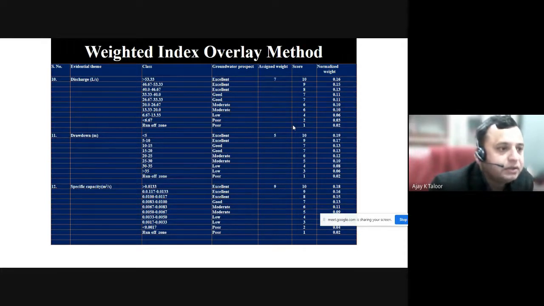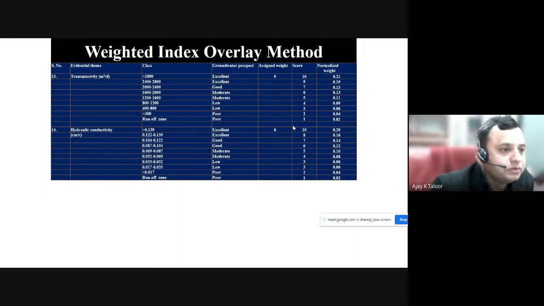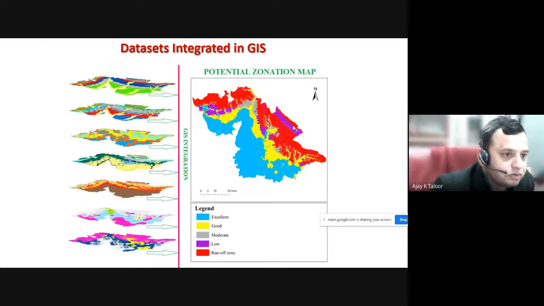Next, please. Next. So yes, all these layers. Right from here you can see this is slope, this is land use land cover, then drainage density, hydrogeomorphology, geology, then water table maps. We plot all these things and we get the groundwater potential variations map.